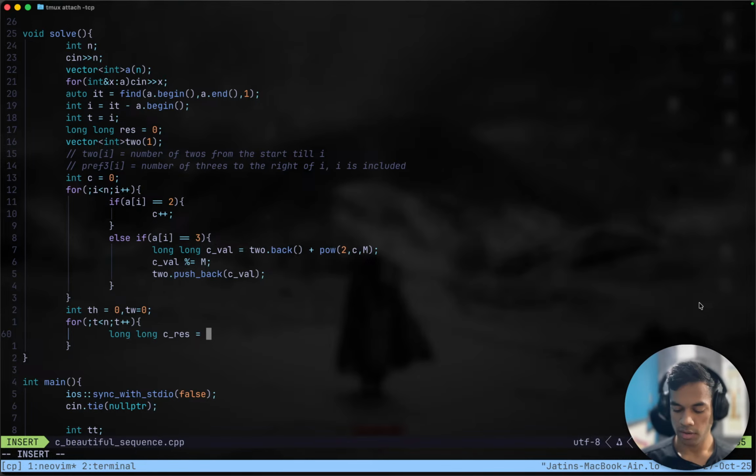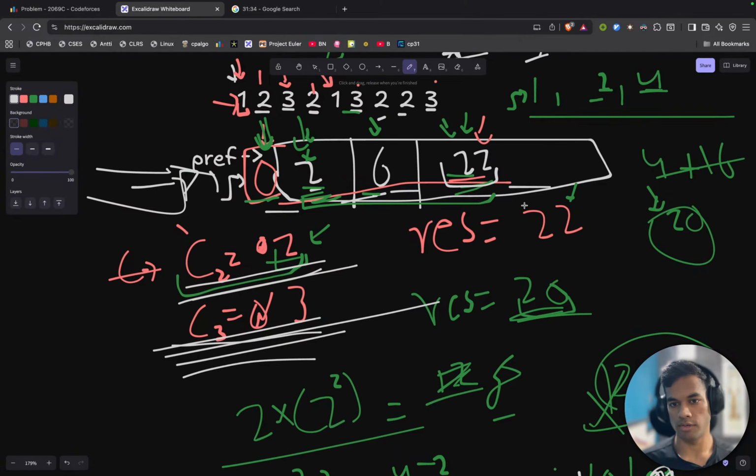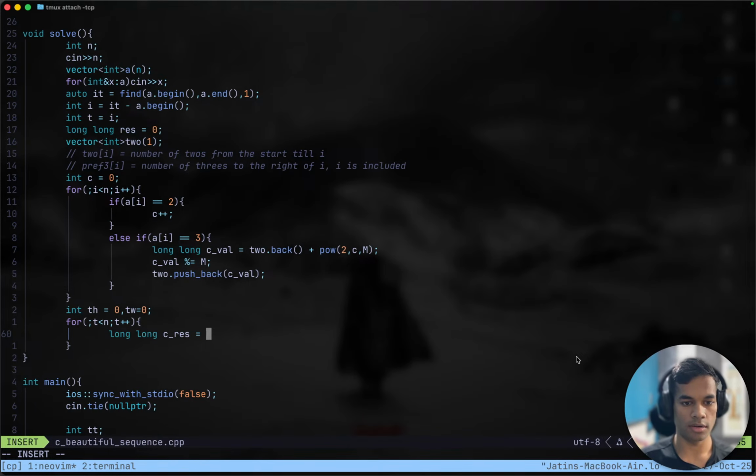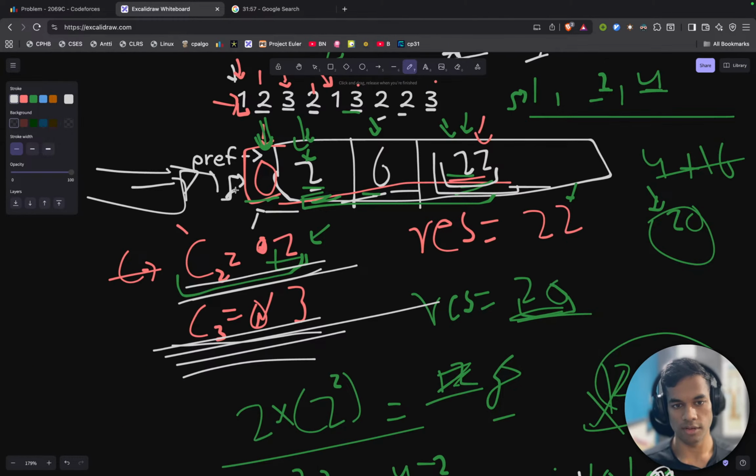So there are two parts to this. First is this value minus the current pointer, which would be 2 dot back minus 2 bracket th, the number of threes, the pointer to this number here.